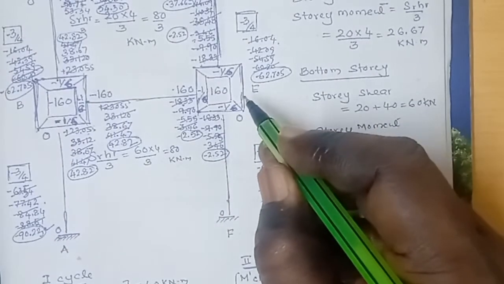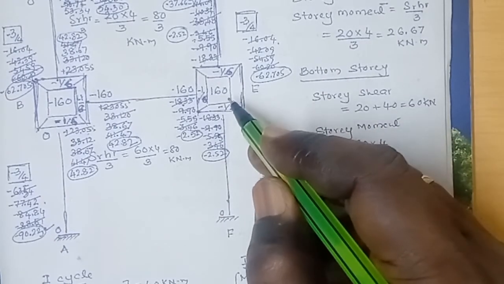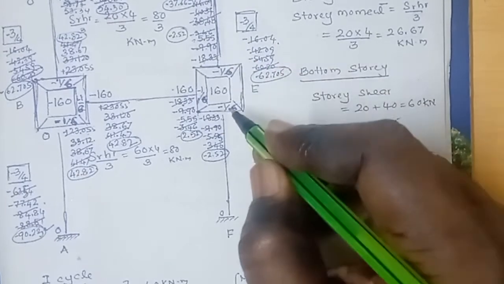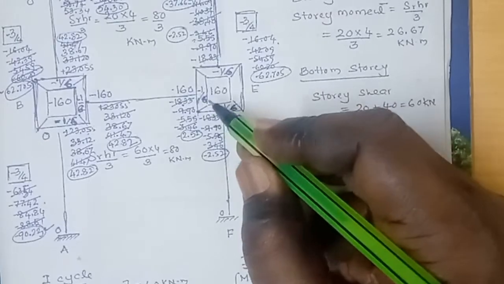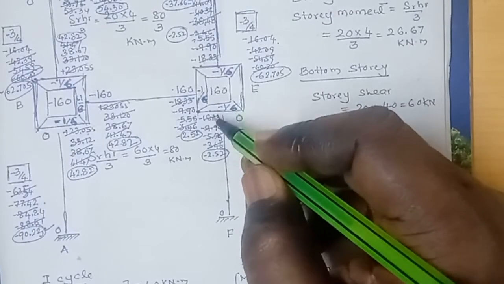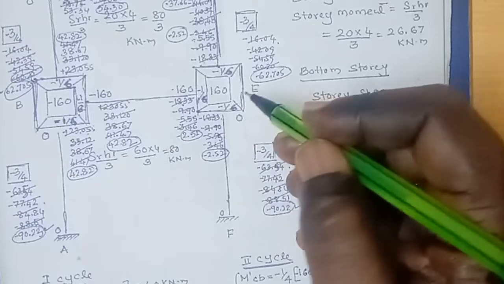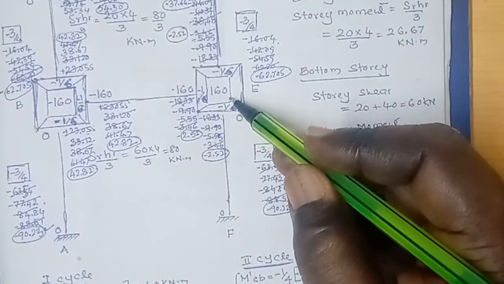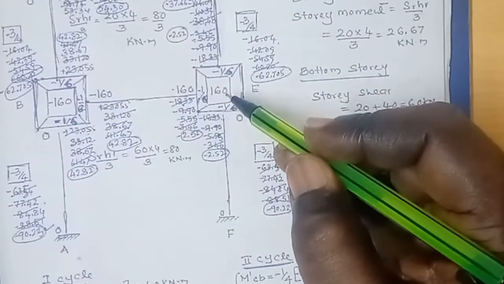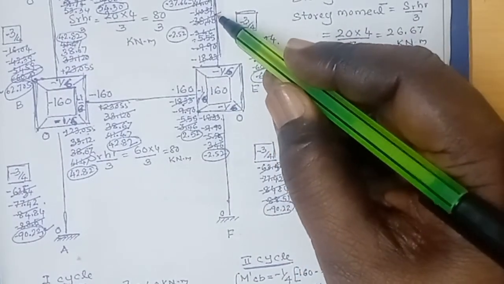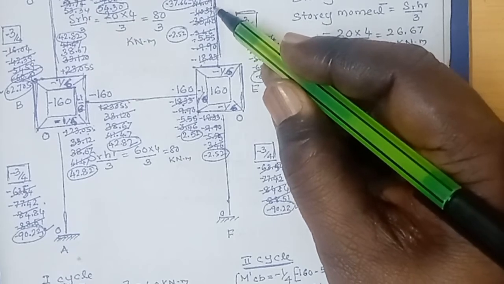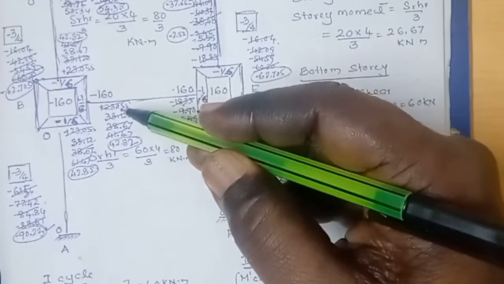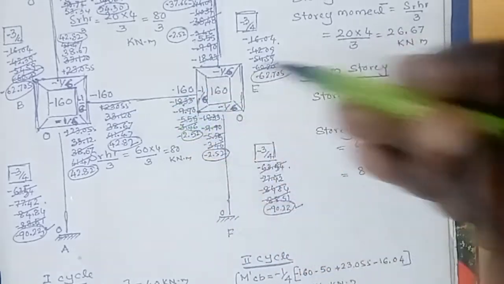Then next joint E, M dash ED, that is vertical member. The rotational factor is minus 1 by 6. Inside the bracket, sum of the fixed end moment is 160. The far end contribution, just now we have calculated, that is minus 44.09 from D. Then from this end, that is 23.055.